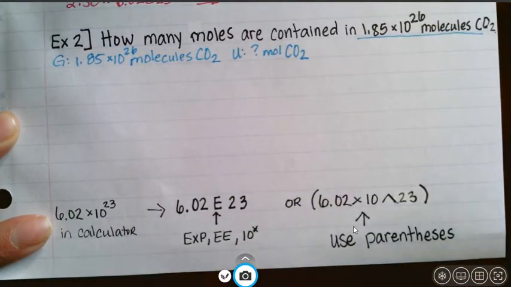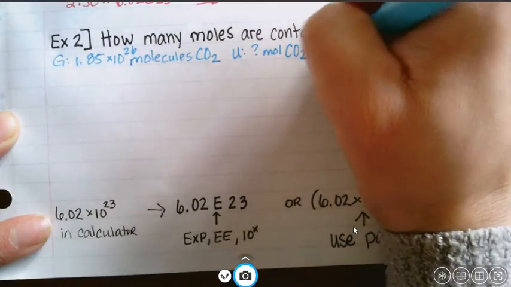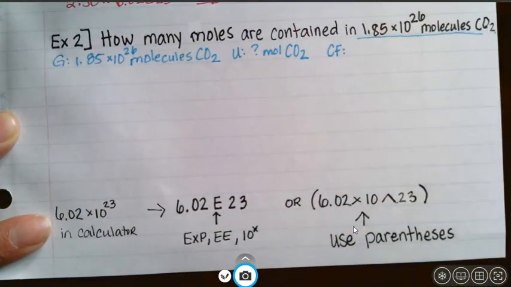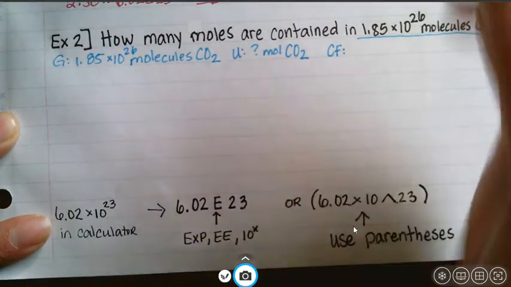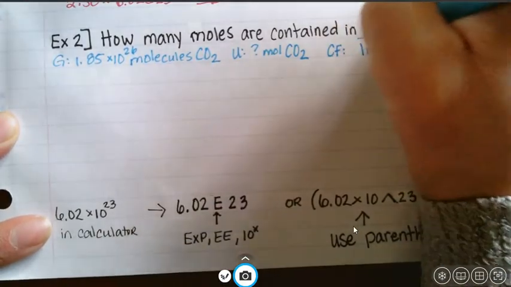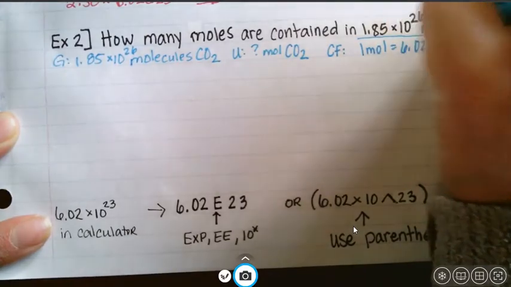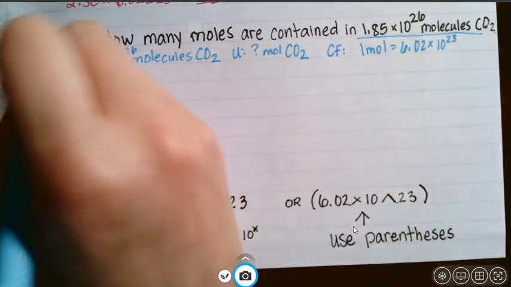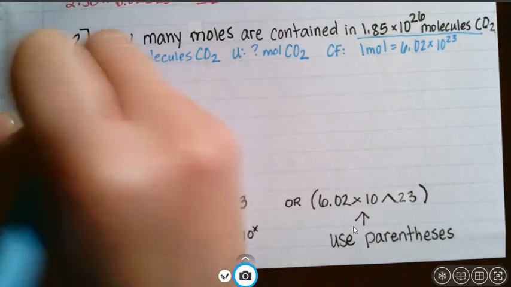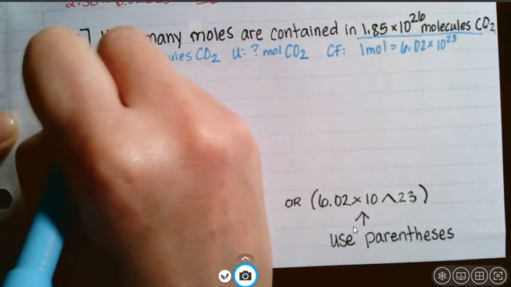Okay, my conversion factor, I am still looking for things to be in particles and moles. So I'm still using that same 1 mole is 6.02 times 10 to the 23rd. Still using Avogadro's number. All right, let's start with my given, 1.85 times 10 to the 26.